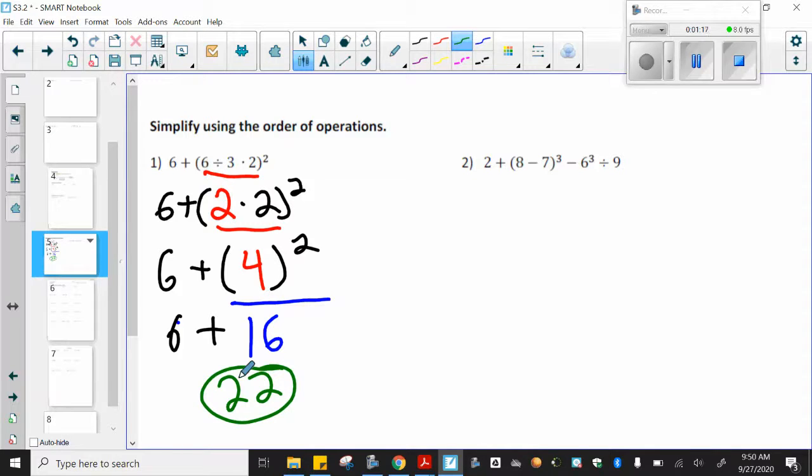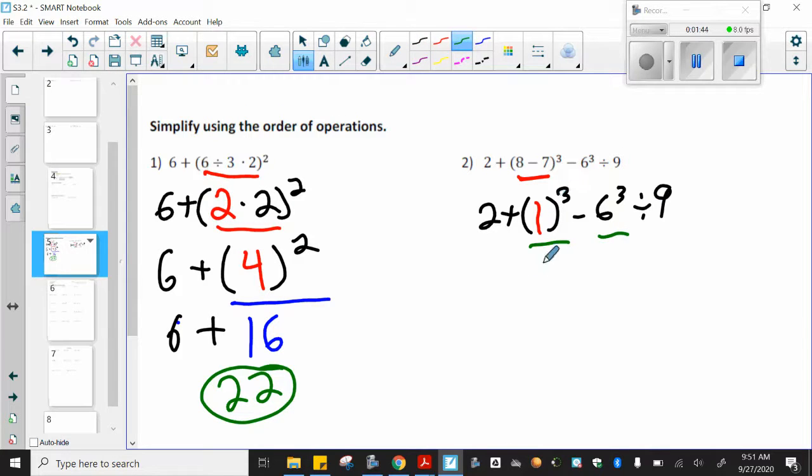All right, next one. Let's do parentheses first. 8 minus 7 would be our first parentheses. So 8 minus 7 is 1. Bring everything else down. 2 plus, open parentheses, cubed, and parentheses cubed, minus 6 cubed divided by 9. All right. Next step is exponents, here and here.